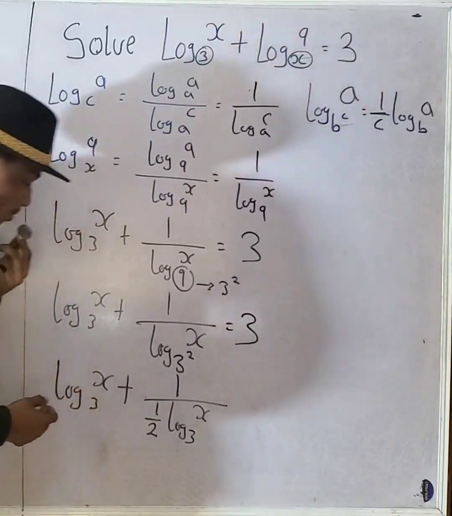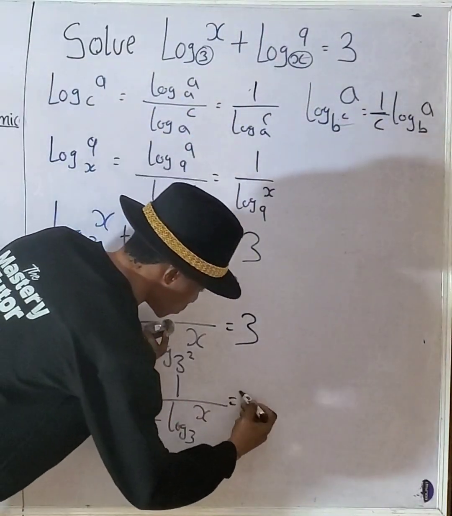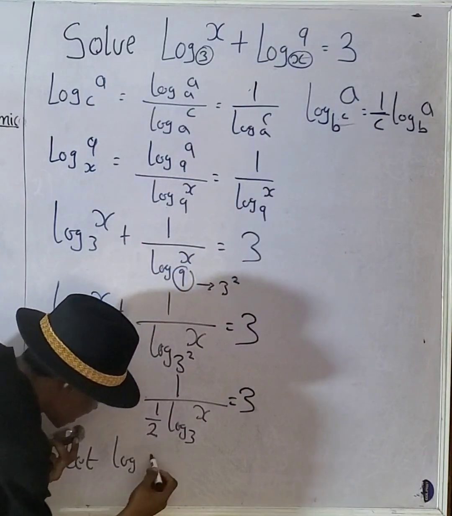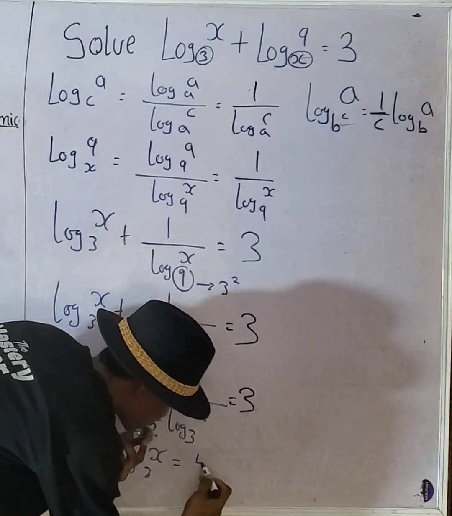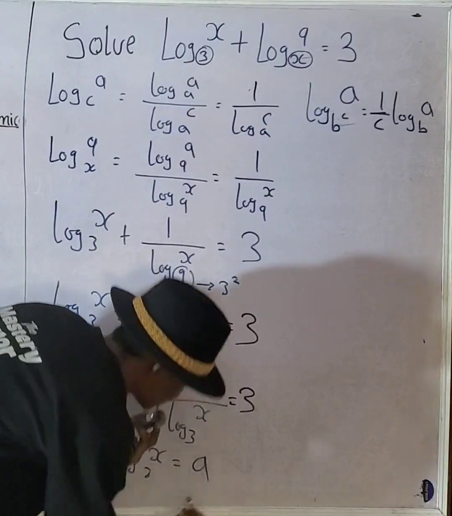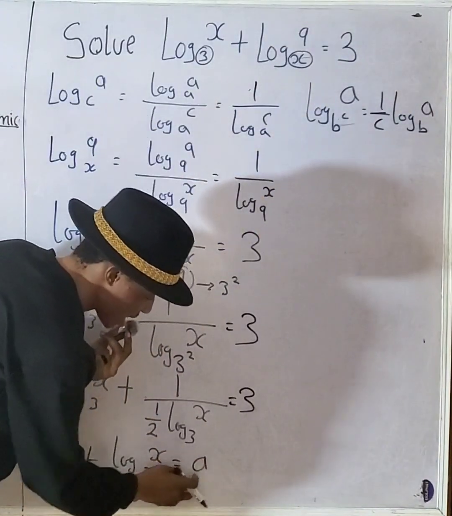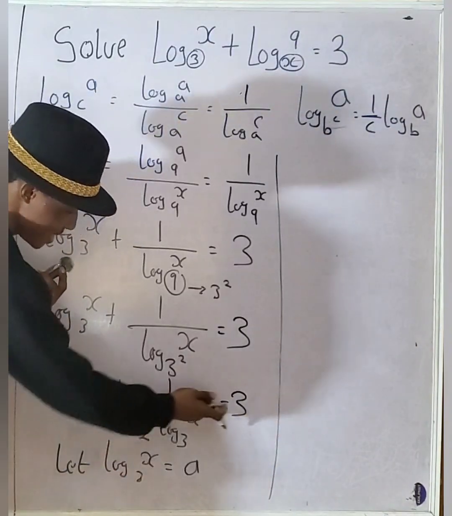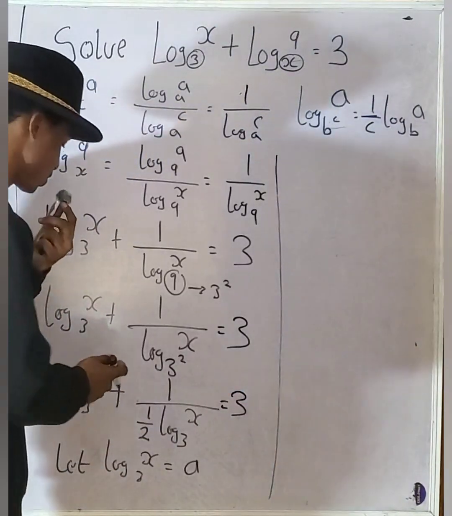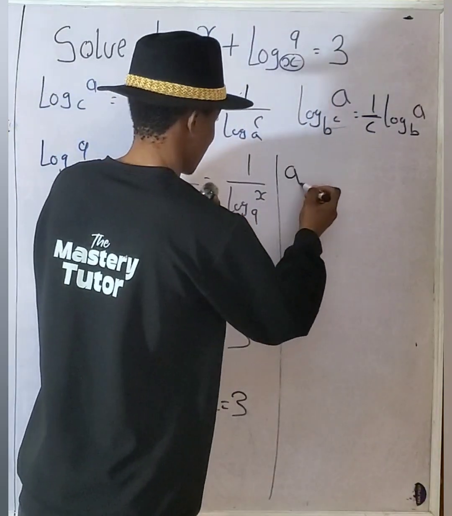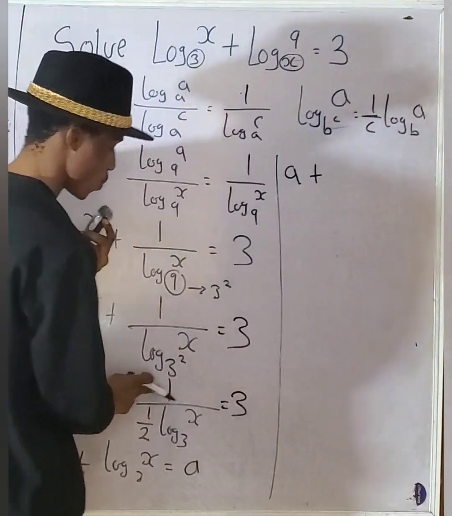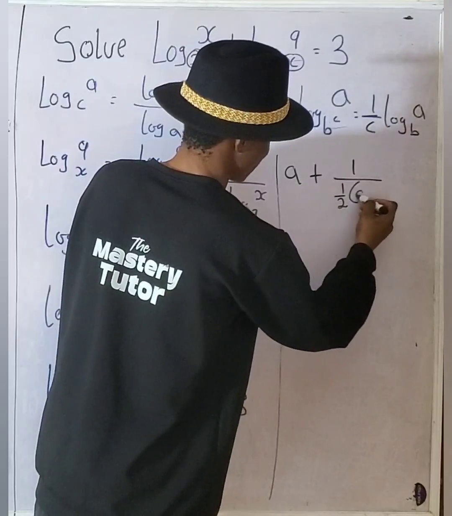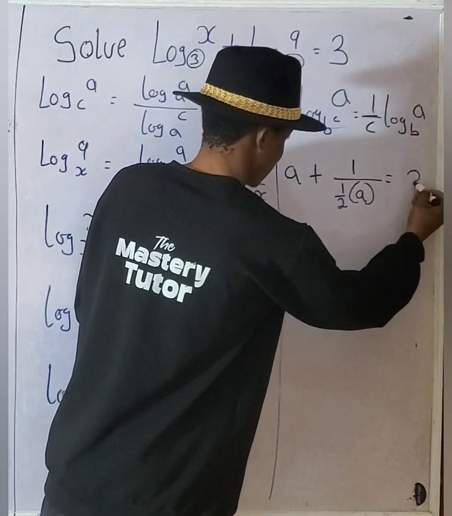Okay, now when you get to this point, this equals 3. Let log x base 3 equal a. Set it equal to a letter. This is a, it's not 9. Okay, so I'm going to replace log x base 3 with a in this equation. Are you following? So I'm going to have a plus 1 over 2 multiplied by a equals 3.